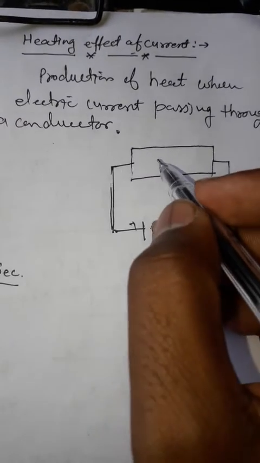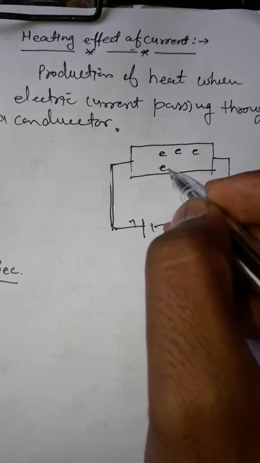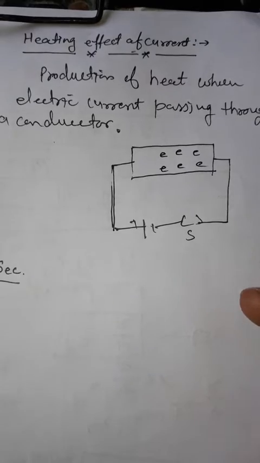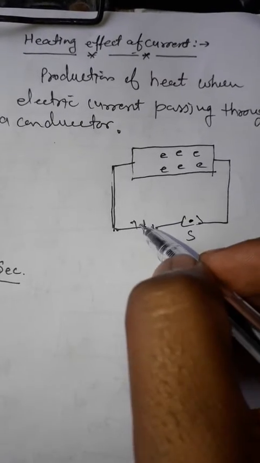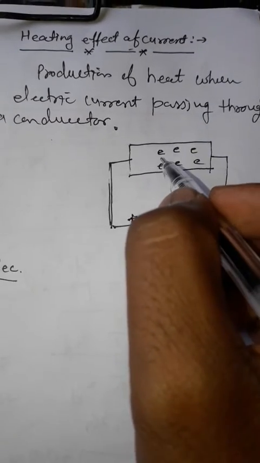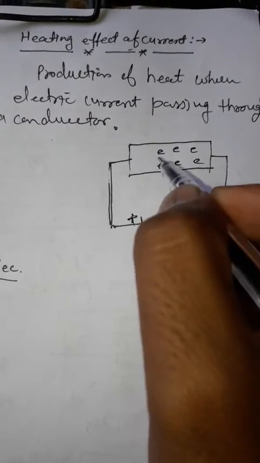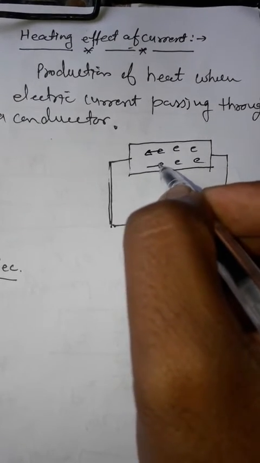We know that a conductor consists of a large number of free electrons. When the switch is closed, due to the force applied by the battery, these electrons are attracted towards the positive terminal, so electrons start moving in this direction.